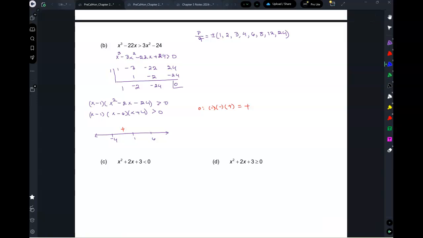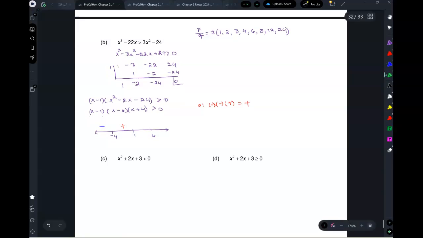What's the multiplicity? Odd or even? Odd, so this has to be negative. Now, moving from the positive to this region, what's the multiplicity at 1? Odd, so negative. Going to 6, what's the multiplicity? Odd, so positive. Beautiful. Once you understand the math, you can use it to your advantage, right?